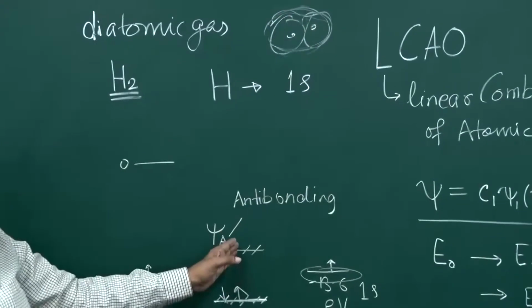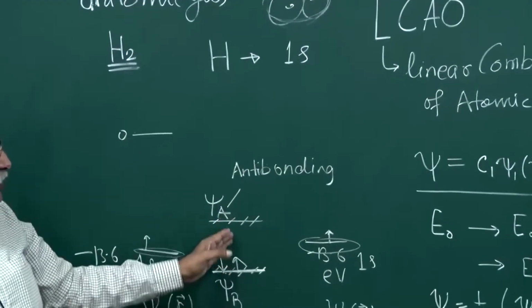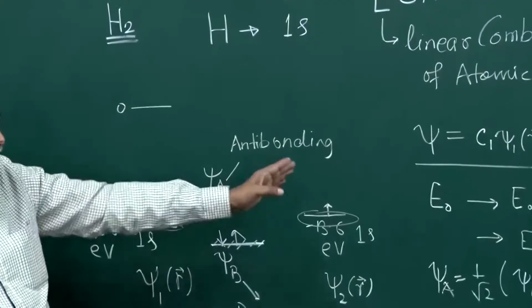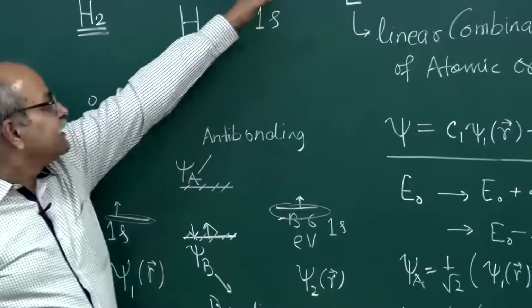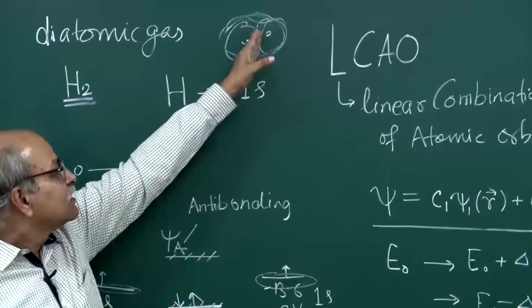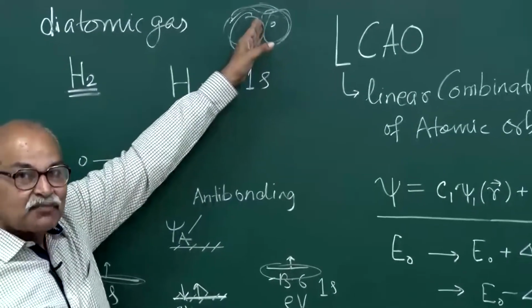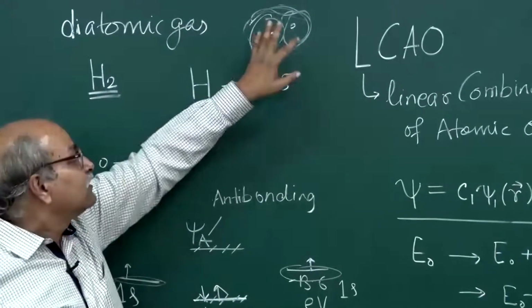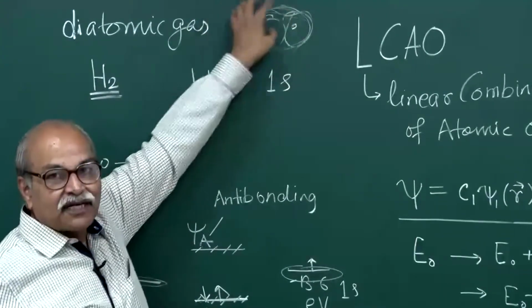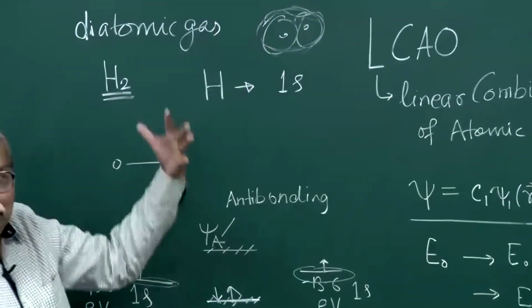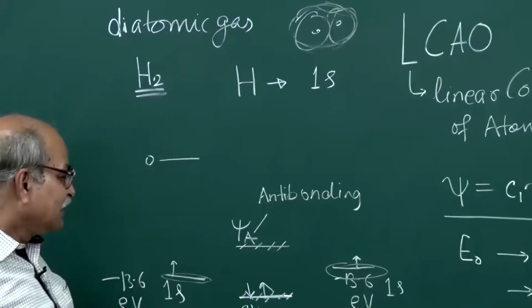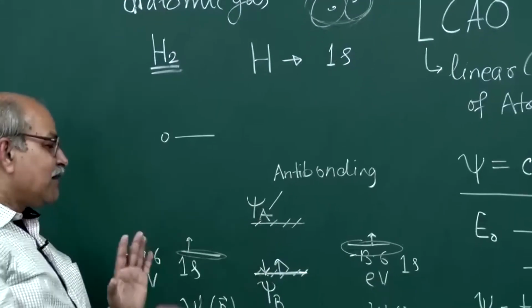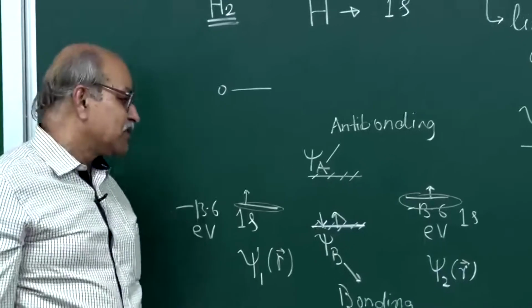Whereas if the electron goes here, the energy goes up and it's antisymmetric. So at the center you have much less probability of the electron being here, and the electrons are far apart, and therefore it doesn't bind that system. So this kind of splitting is there. You must have done these things in your +2 chemistry classes.